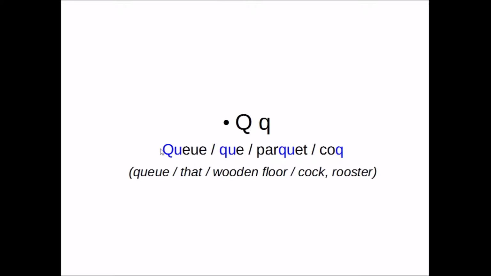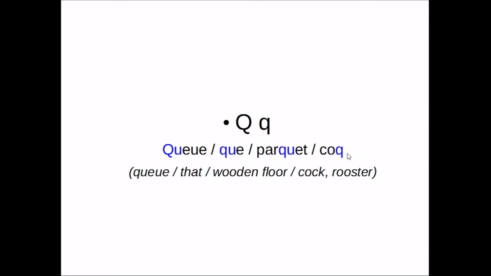Usually a Q is followed by a U to make the sound K, but here this is an exception. I think this is the only one ending in Q in French. I'm not sure, but okay.